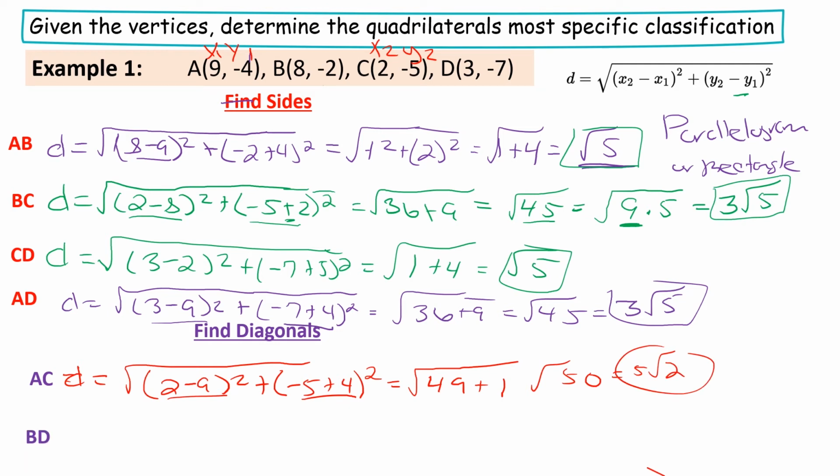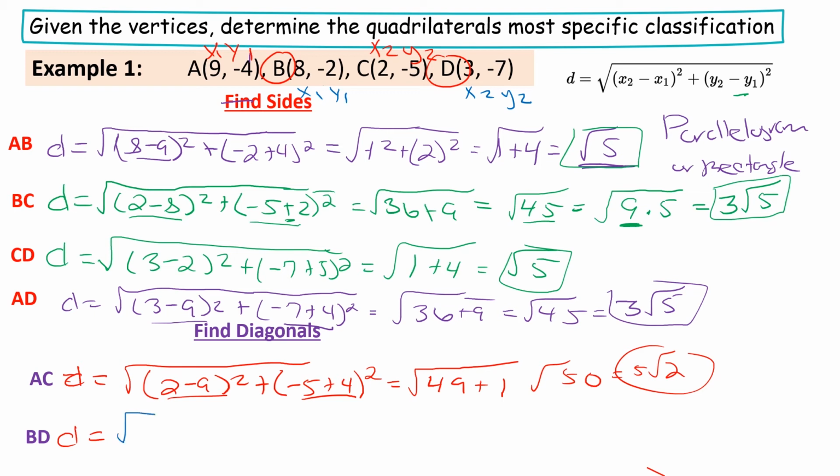And last one, a lot of work here. Distance equals, so my diagonal, every other letter here, would be BD. Let's just change colors here. X1, Y1, X2, Y2.